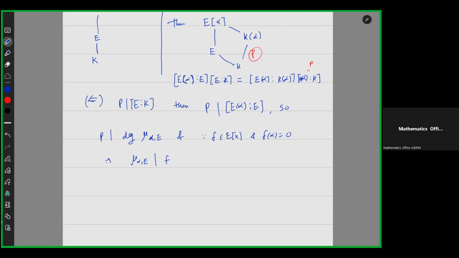So mu alpha will divide F. Now from here, the degree of mu alpha E is less than or equal to the degree of F, but the degree of F is given to be P. So P is less than or equal to the degree of mu alpha E, which is less than or equal to the degree of F, which is just P.